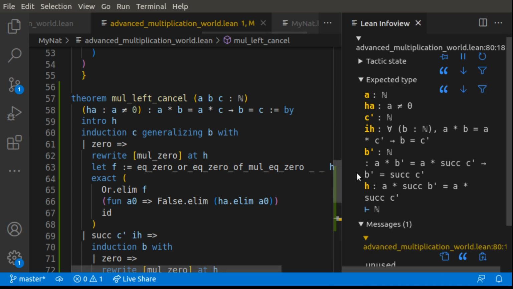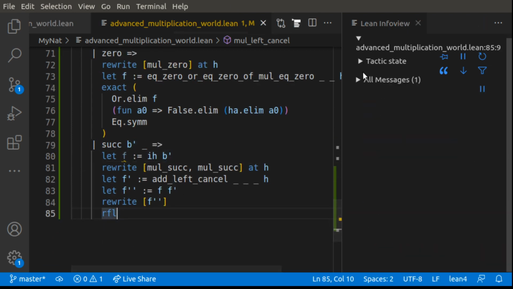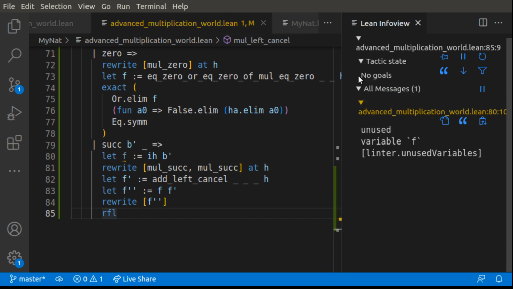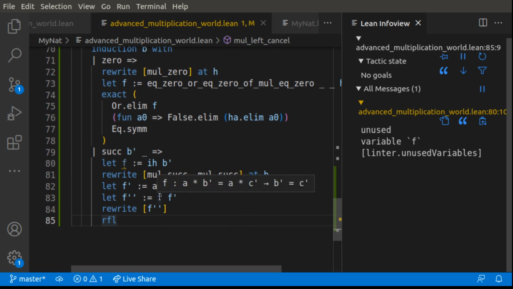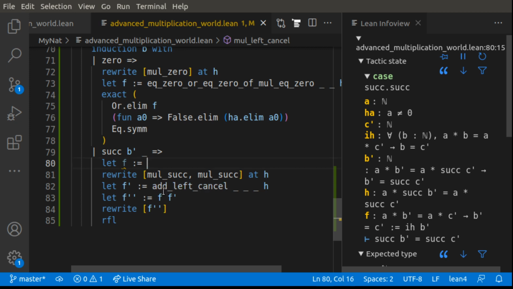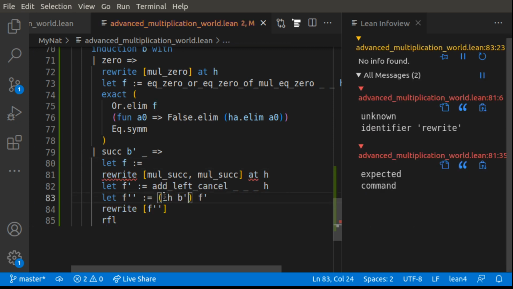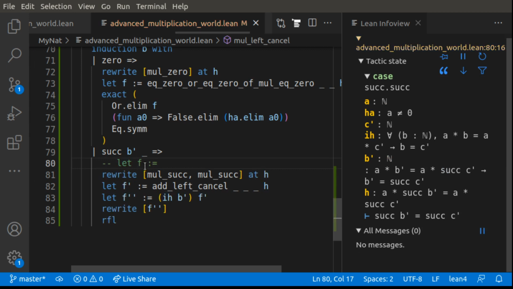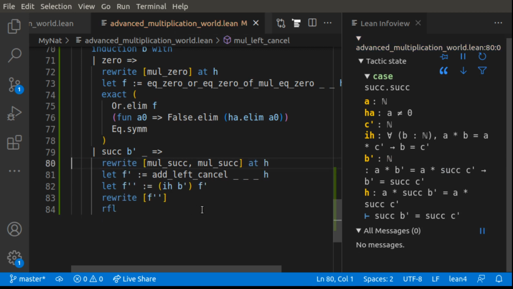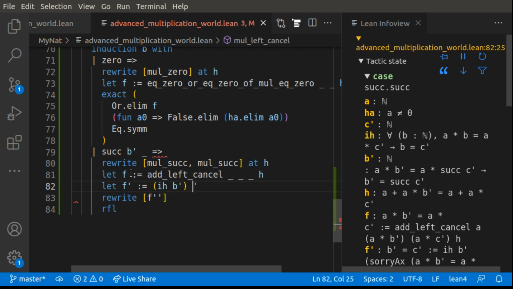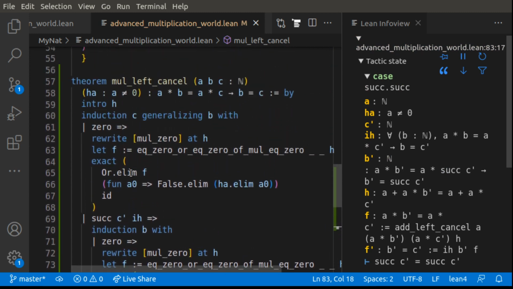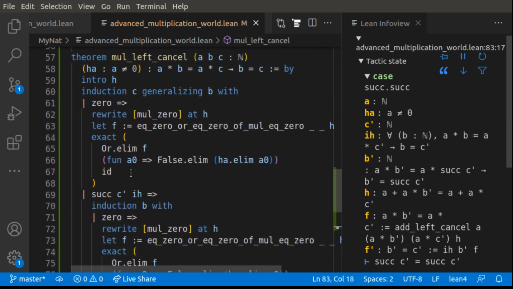Let's look. If I put my mouse down here, unused variable warning, that's fine. No goals. That's great. Guess I can just move this here and comment you out. Get rid of that unused variable shenanigan. I guess I can just call you F prime. Should I get better variable names? Nah, that's fine.